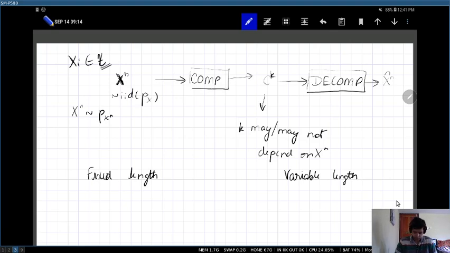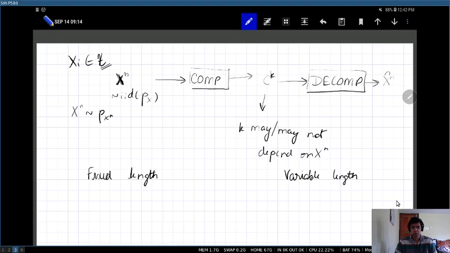So the goal is to compress this file. If you did not do any kind of compression, it takes a certain file size, and the goal is to bring down the file size. But even to introduce the notion of a file size, we need a standard measure.